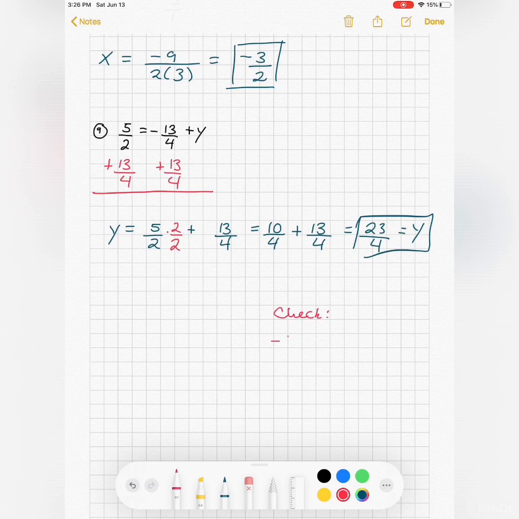Go back to the original equation. Negative 13 fourths plus 23 fourths is 10 fourths, which is 5/2.